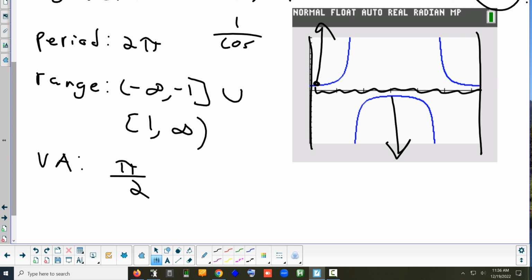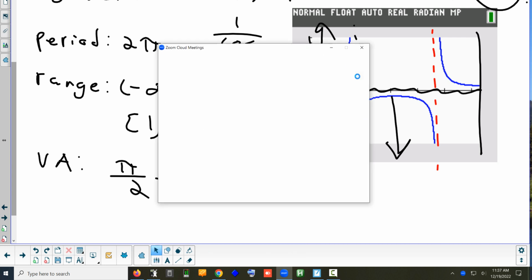And how often does that asymptote repeat? It repeats every cycle. So there's 2 different asymptotes per cycle, right? There's one here. Let's call this the black asymptote, and let's call this the red asymptote.